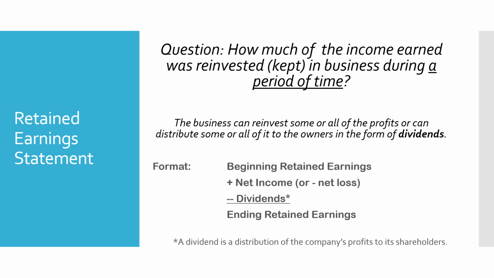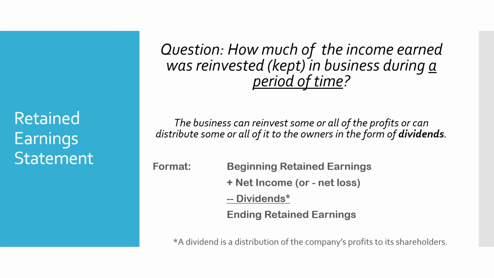A retained earnings statement or a statement of stockholders' equity answers the question, how much of the company's income was reinvested in the business during a period of time? So during the year 2021, Target earns X amount of net income. They can pay out that income to the owners, the shareholders, in the form of what we call a dividend.